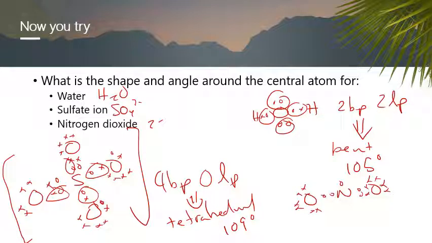Then let's count. 1, 2. There's 1 electron there, but we'll still consider this as 1 lone pair. So 2 bond pairs, 1 lone pair, this should give me bent, 118 degrees.